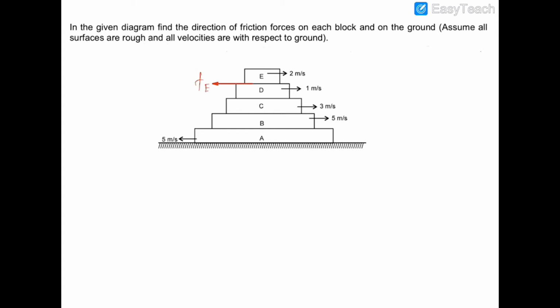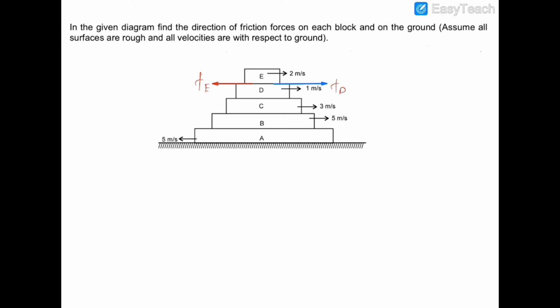Now this block D will be acted upon by a friction which is in the forward direction, acting on this block D, Fd, because friction is an action reaction pair.